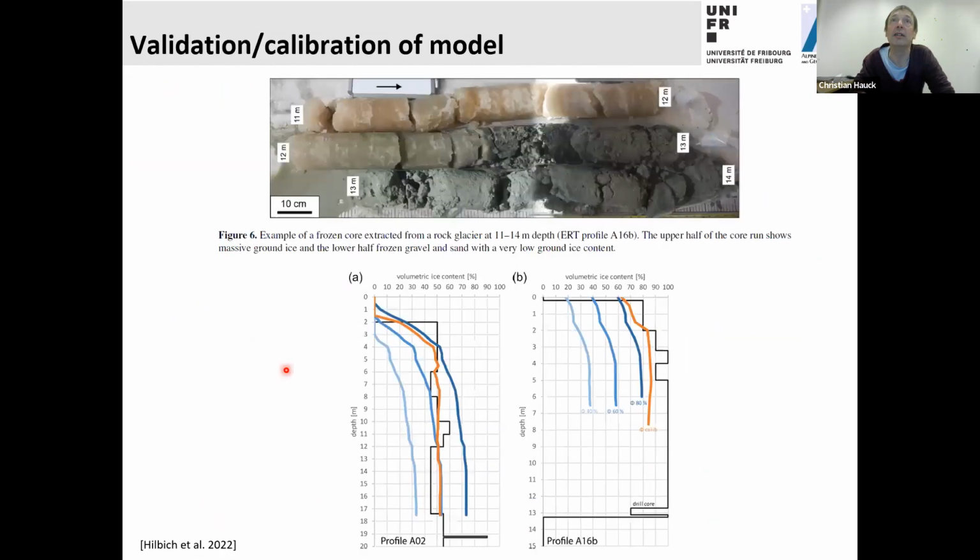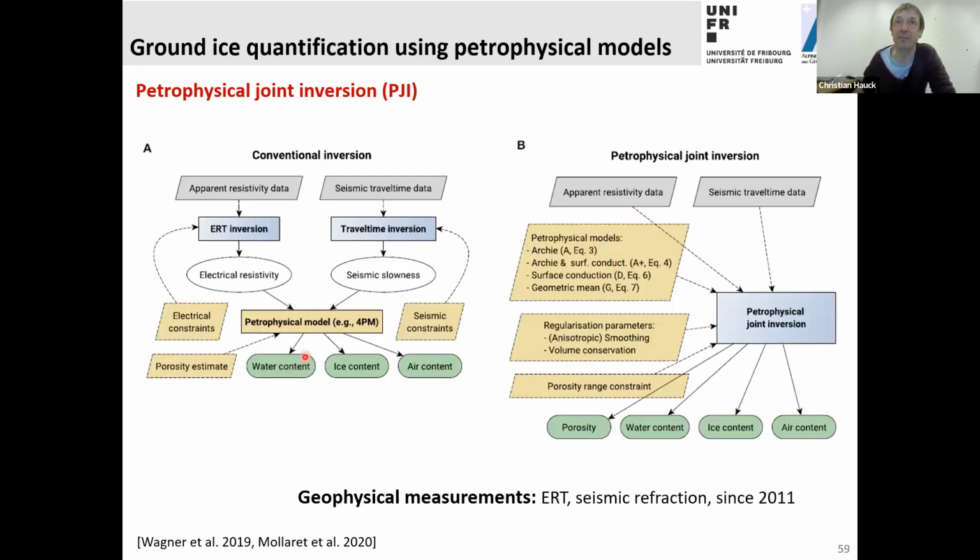Now in this so-called petrophysical joint inversion, which is this one here, we use the apparent resistivity data and the seismic travel time data and invert both together in a joint inversion directly for ice content, air content, water content, porosity, using the same petrophysical equations like here, but we try to minimize the data error and the model error directly in this joint inversion. We still may have some ambiguities, but we also get an estimate of porosity by this.